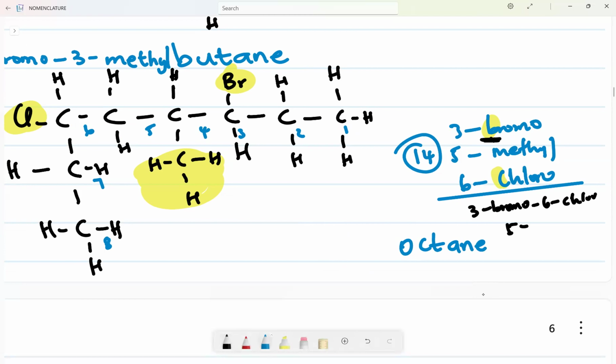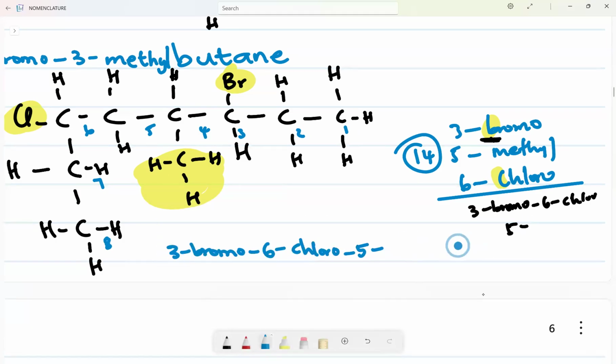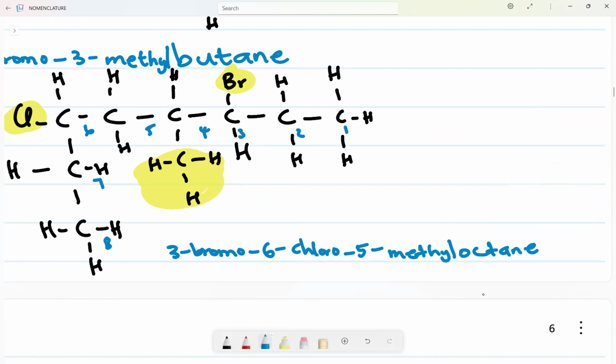So it's going to be 3-bromo-6-chloro-5-methyloctane. Ooh, I've never seen a name like this, but it is possible. Okay, it is possible to have a name such as this one. For 3 marks, the maximum that you can get is 3 marks.